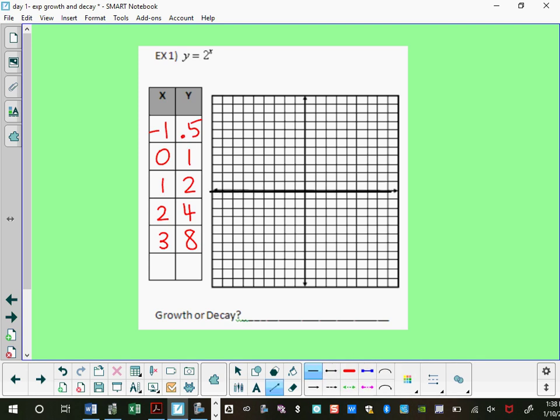I can never really see it. Okay, so -1, 0.5 is in the middle. 0, 1, 1, 2. You guys see how it's gradually getting bigger? 2, 4, and then 3, 8.